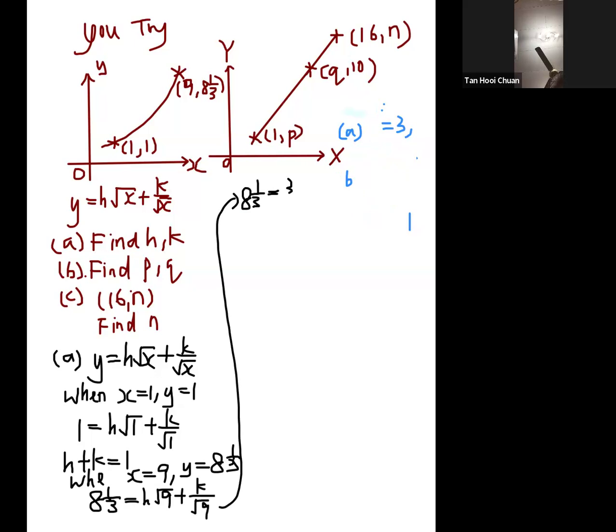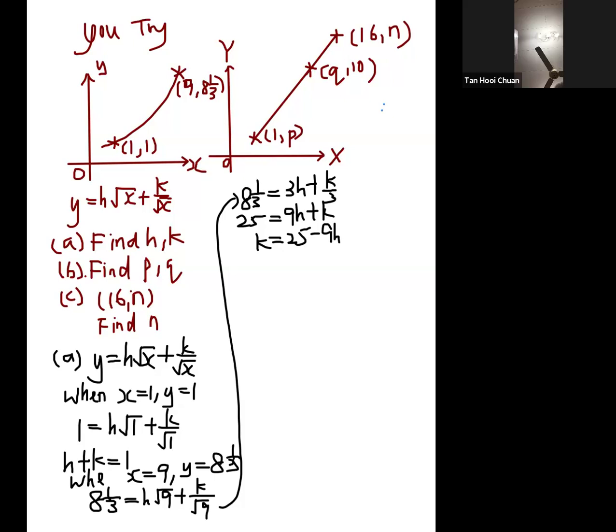I erase the answer here, no space. Okay, here is 3h plus k over 3. All times 3, here is 25. Here is 9h, here is k. So k equal to 25 minus 9h.